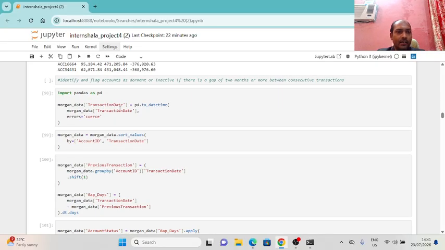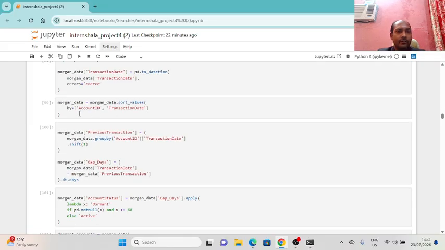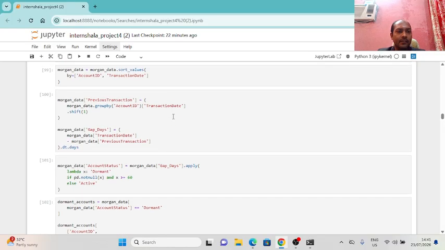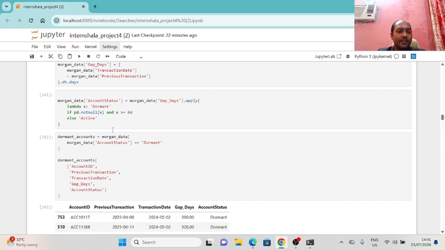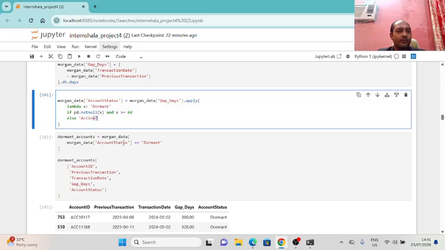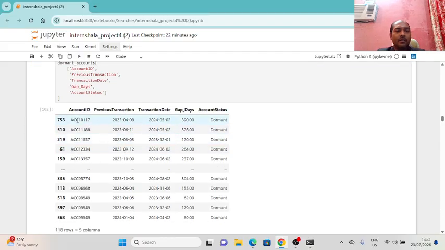So first of all we imported pandas, and then we sorted all the values by account ID and transaction date, and after that we took the value of 60 days: if any account has been inactive for the last 60 days, then that is an inactive account, otherwise an active account. And after all the calculations we calculated the gap between the previous transaction and the current transaction date, and these are the accounts which are the inactive or dormant accounts.